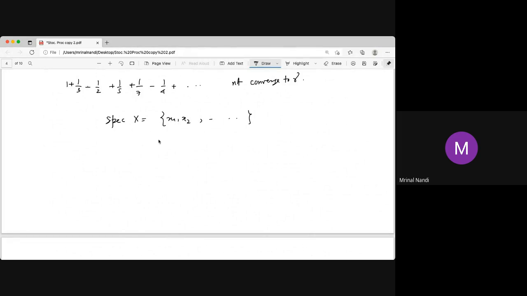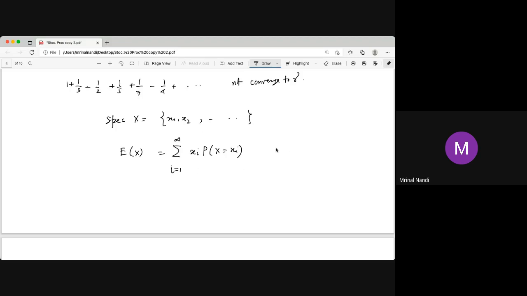You can write x2 first, x3 second. If we define expectation as the sum from i equal to 1 to infinity of xi times the probability that X equals xi, that creates a problem in two ways: it may not converge, and even if it converges, if you reorder the xi, say x10 first, x3 second, it may converge to a different number.